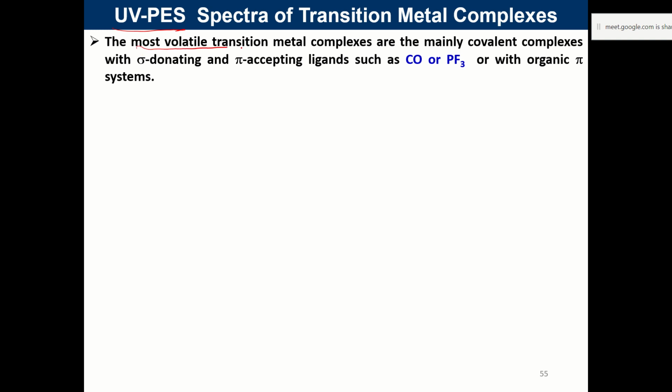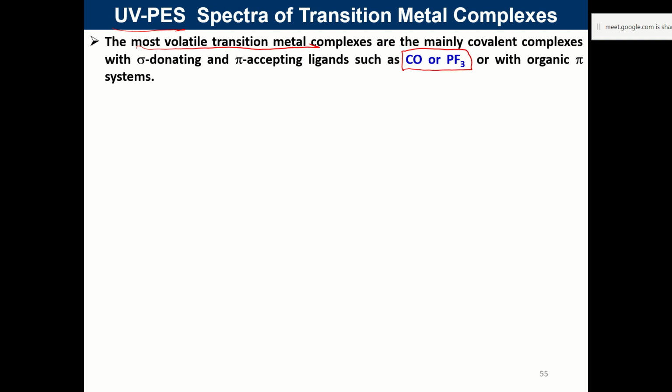So most volatile transition metal complexes are formed with which ligands? If you are asked, most volatile transition metal compounds will always be found with CO or PF3 as the ligand. So what is so special about these CO and PF3?